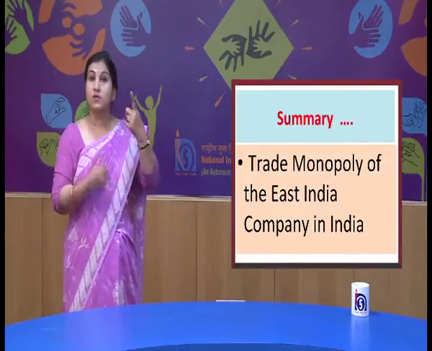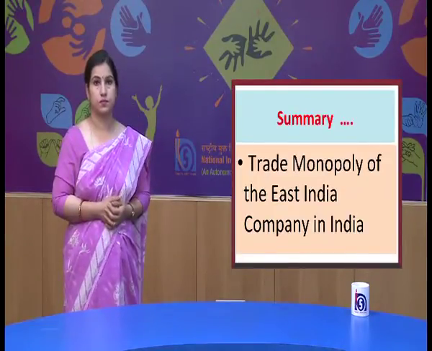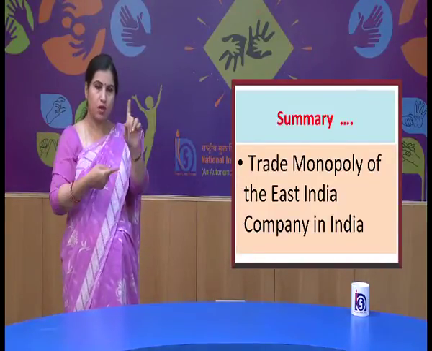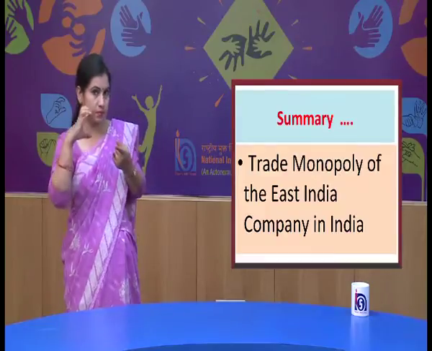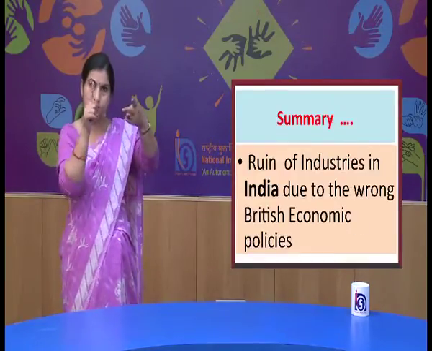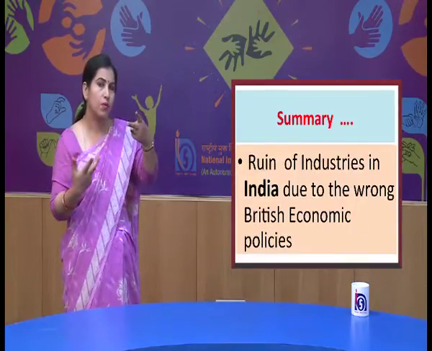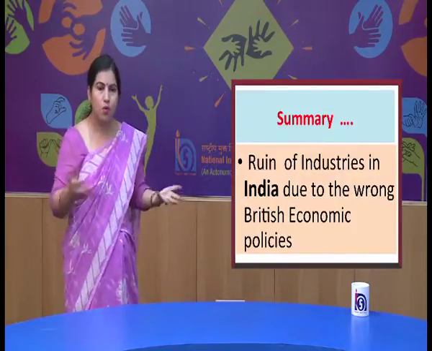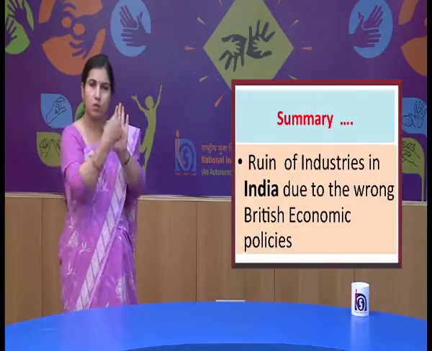With this, we come to the close of this chapter. Now let us take a look at what we have learned in this video. First, we understood trade monopoly of the East India Company in India. Second, we discussed the ruins of industries in India due to the wrong British economic policies.